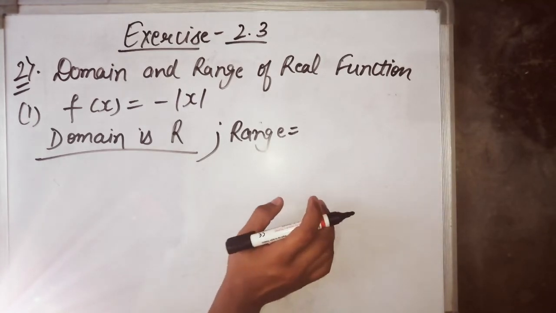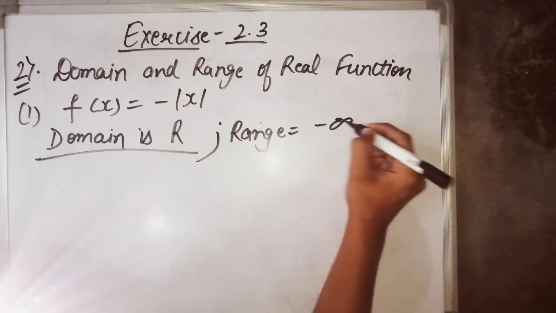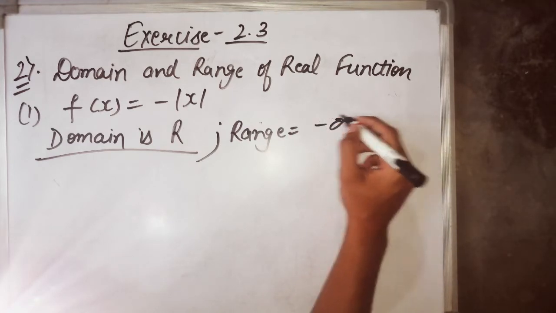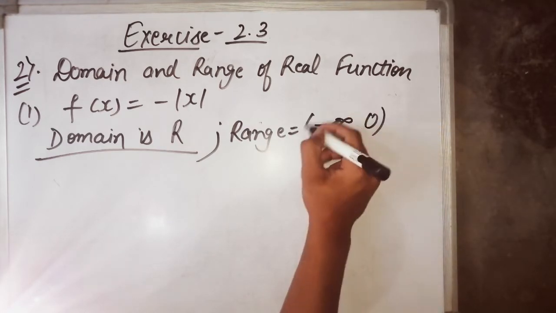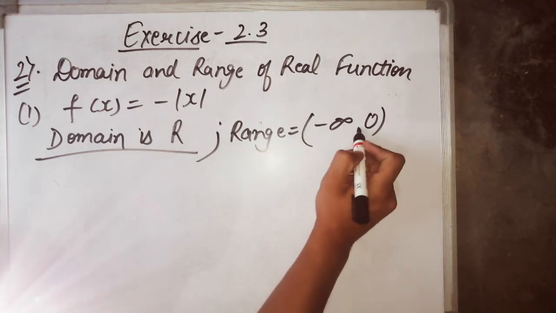The range will also be real numbers, but it will start from minus infinity and go till 0. So why have I written minus infinity to 0?